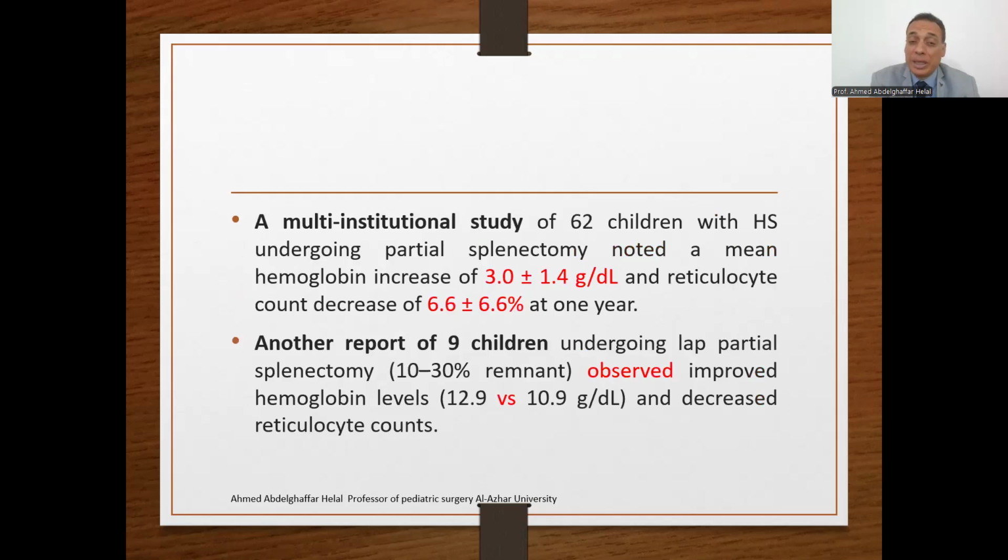A multi-institutional study of 62 children undergoing partial splenectomy notes that the mean hemoglobin increased and the reticulocyte count decreased. Another report of laparoscopic partial splenectomy observed improved hemoglobin level and decreased reticulocyte count because you improve the pathology or the problem of the destruction.